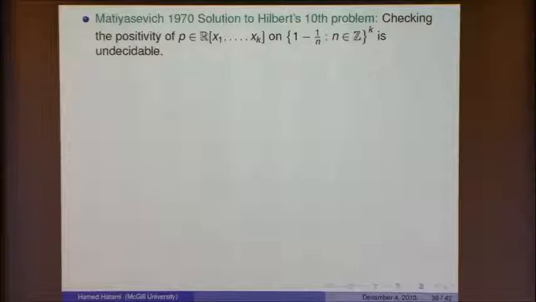Instead of integers, I'm going to look at this other countable set, other discrete set. So I'm interested whether I can make this polynomial negative over the set of numbers of the form 1 minus 1 over n. This, I'm sure all of you believe, is undecidable, knowing Matiyasevich's theorem. Okay, so this is the main ingredient.